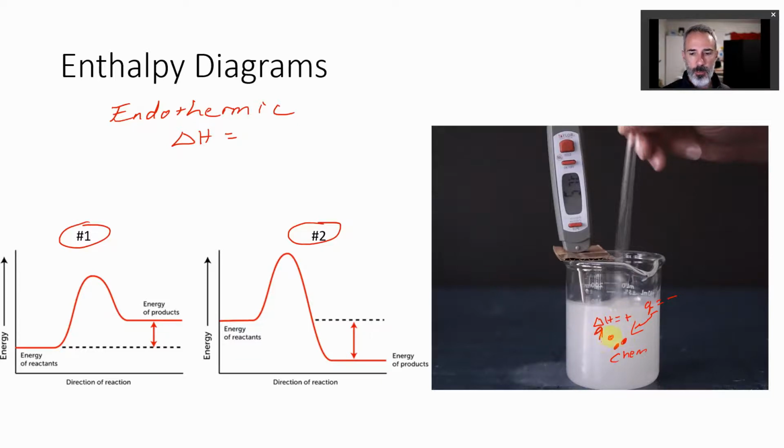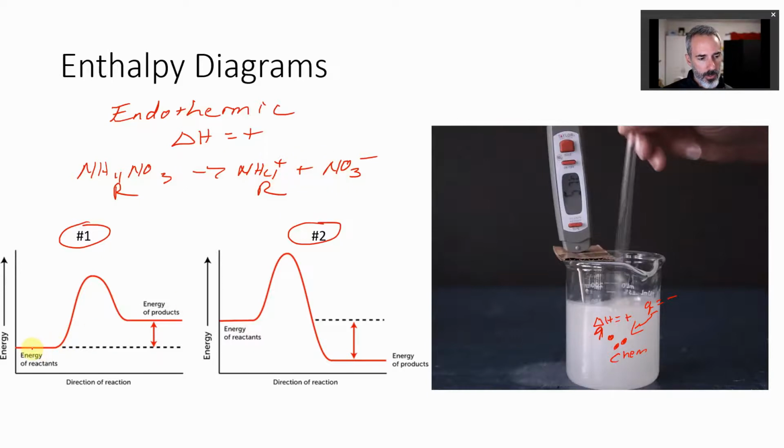And so it's got to be a positive delta H, which means if we had this reaction, I think this one is ammonium nitrate, and we say delta H is positive, that means that if you have the reactants and products, because it gained energy, the reactants must be lower in energy and the products are going to be higher.